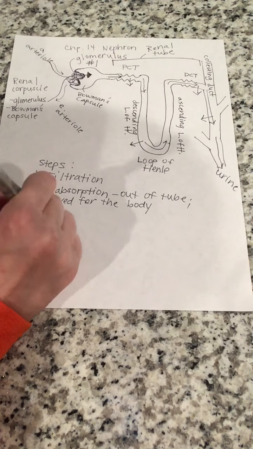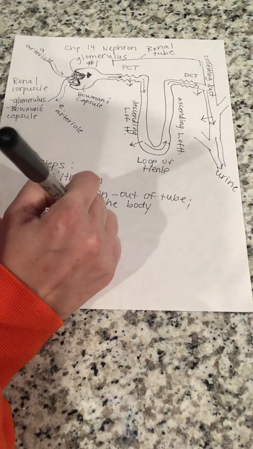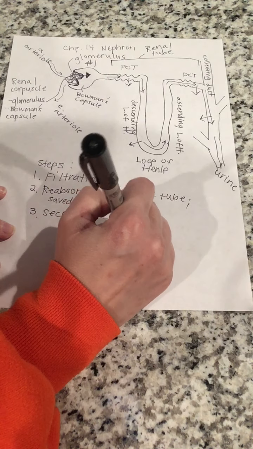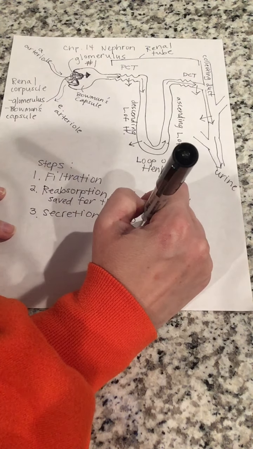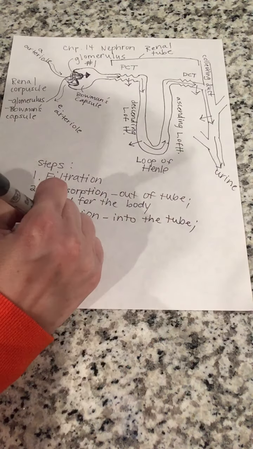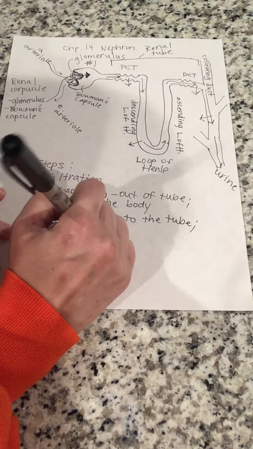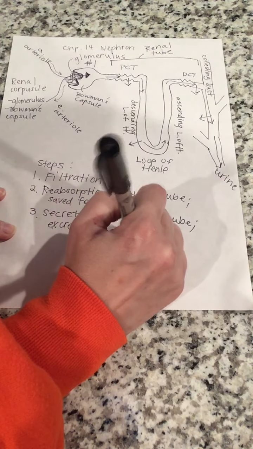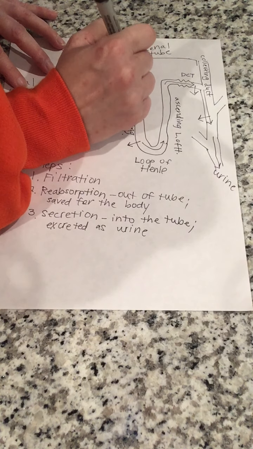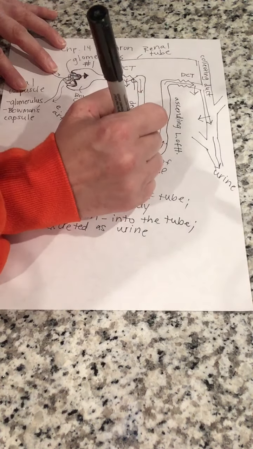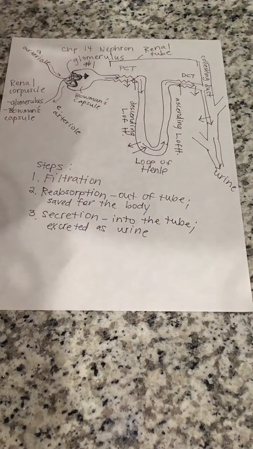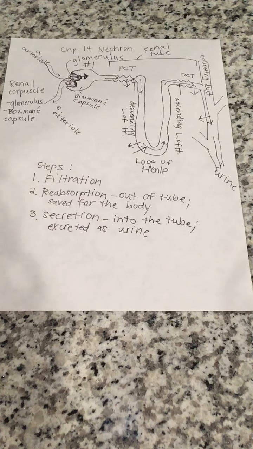And at the same time, we have secretion. So secretion is movement of items into the tube and excreted as urine. All right, so secretion would be the opposite way. We'd have things moving into the tubule, and that can happen all along the length of the tubule as well.